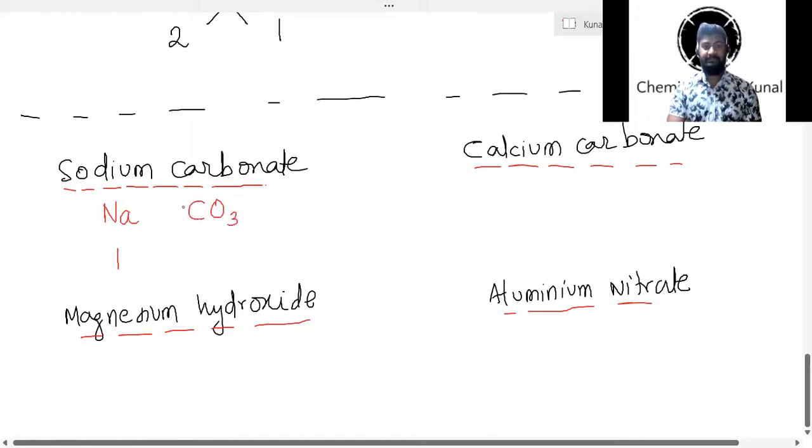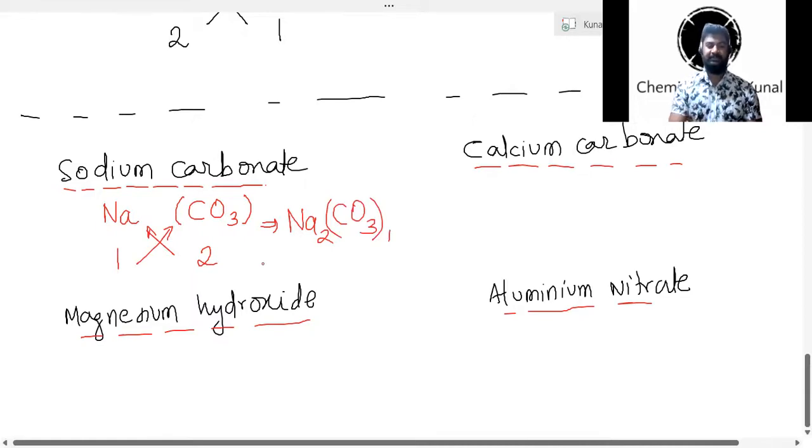Do we have to put a bracket? Of course we have to, because it's a polyatomic ion. The charge is 2, then crisscross, cross multiply. So we'll get Na2(CO3)1. If it is 1, you might just as well remove it, but it's a healthy habit of putting the bracket.